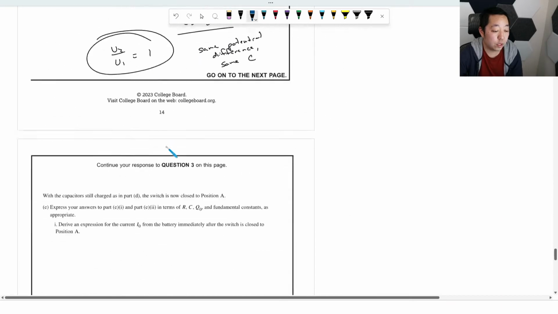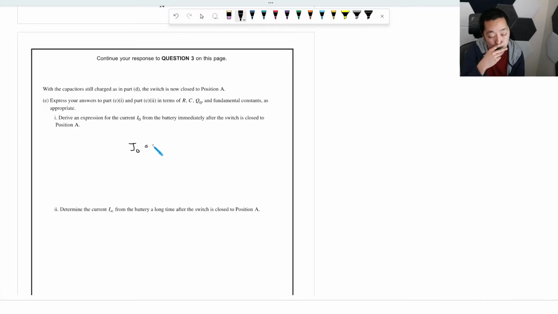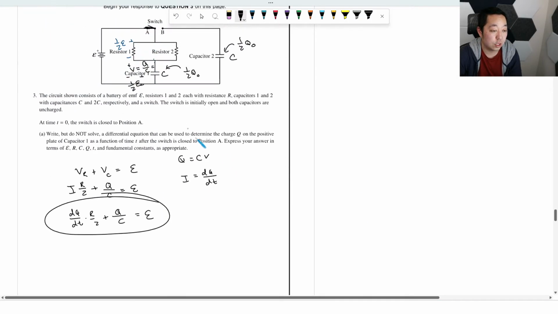So what do we want? We know the voltage equation for immediately after. So the I0 through the battery is going to equal the current through both resistors, or a single R over 2 resistance. And that's going to be 1/2 epsilon over R plus 1/2 epsilon over R, because each resistor is going to receive the same current since they have the same potential difference across them.